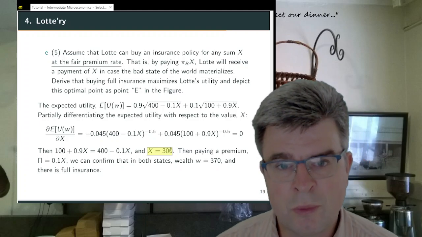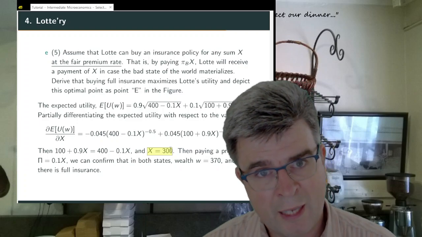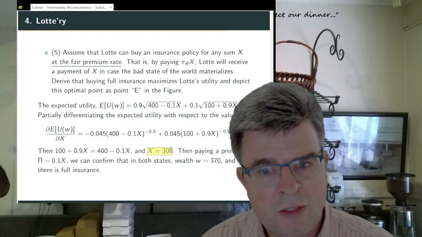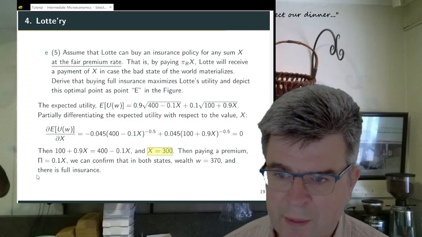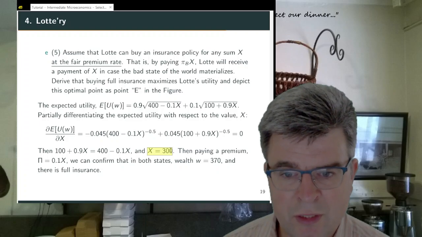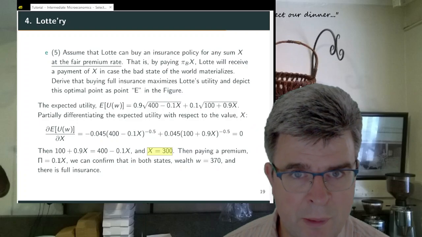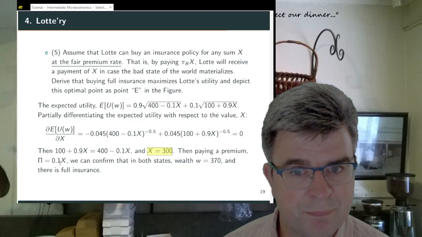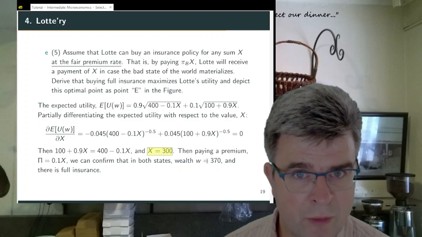Now, Lotte initially faces a loss of 300. Now she decides to buy an insurance policy for a sum X equal to 300, which means that she buys full insurance. The premium that she will pay, capital Pi, will be equal to 0.1 times the amount that she insures, which is 300. So her premium will be equal to 30. And then in both states of the world, her wealth will be 370.